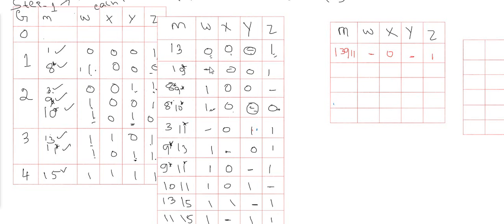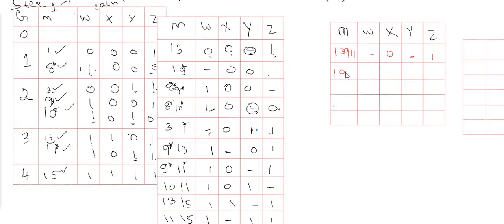Now move on to 1 and 9. In 1, 9, the w position is dash and the z position is 1. It is similar in 3, 11: the w position is dash and the z position is 1. So we can take that, that is 1, 9 and 3, 11.